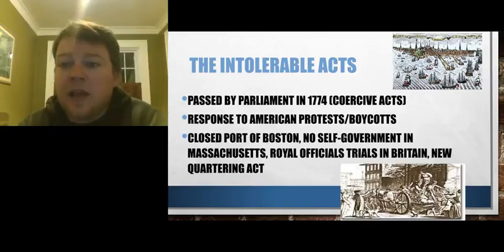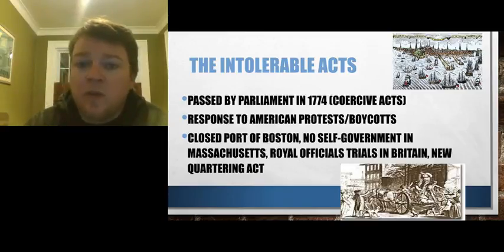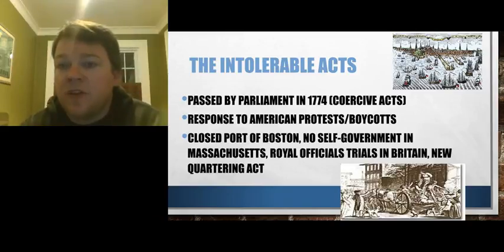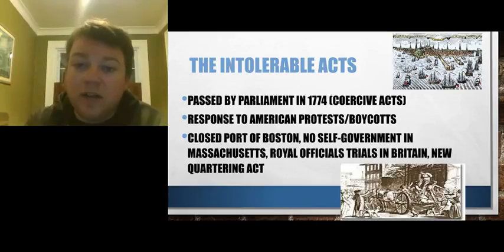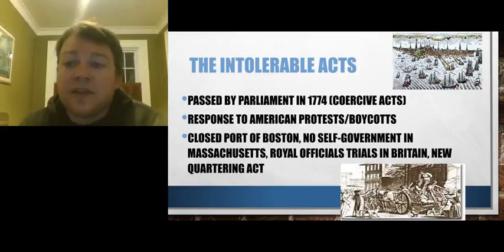They're also going to take any royal officer of England, so it could be a governor, could be a tax collector, could be a soldier. If they are accused of a crime, England can bring them out of the colony so they can face a fair trial in Britain. Now that's going to cause a lot of issues because lots of people think, well, that's going to give basically soldiers and all these other people the right to do kind of whatever they want.